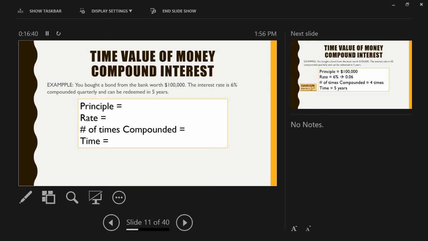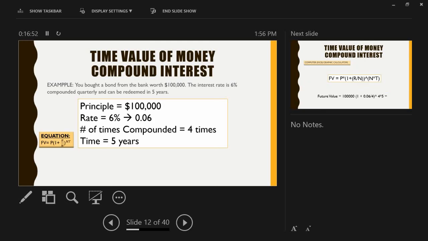Yes, it's every 3 months. So how many times is there in a year? 4. Good. And what's my time? 5. Yes, good. So 60 times? Not 60 times. You have to be careful because we use the number of times compounded twice in our formula.